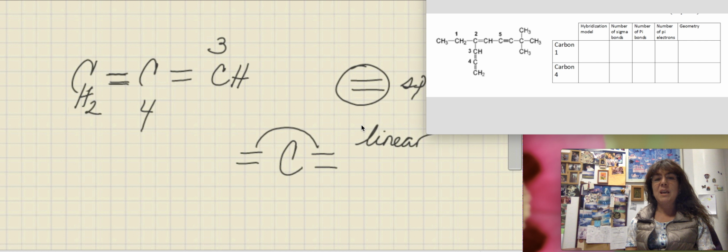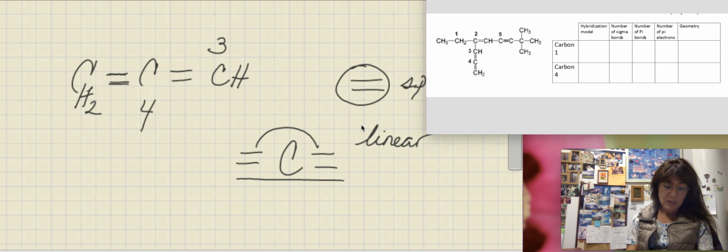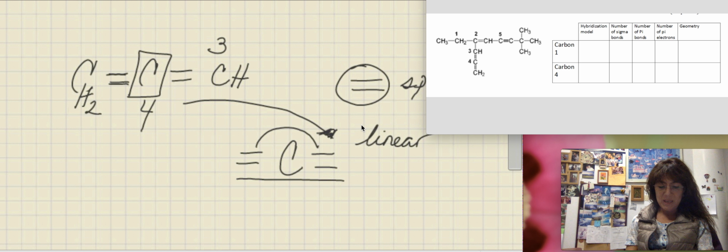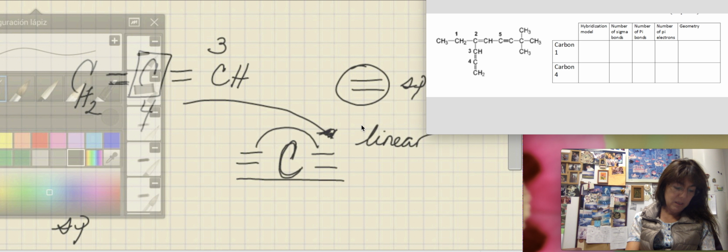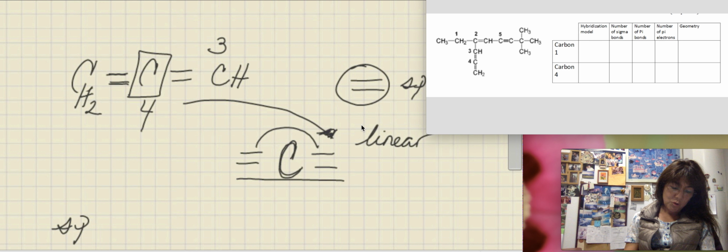But in this particular case, if we are meant to understand the geometry of the compound, this carbon atom number 4 forming a linear structure out there in space, the only way of really explaining its structure would be by thinking of the sp hybridization model, in which the carbon atom is making only two single bonds.